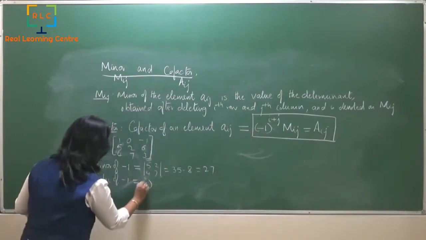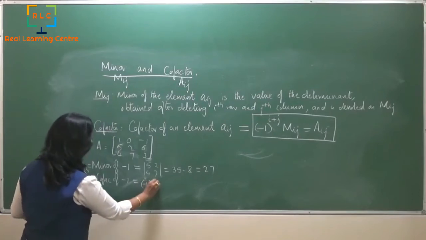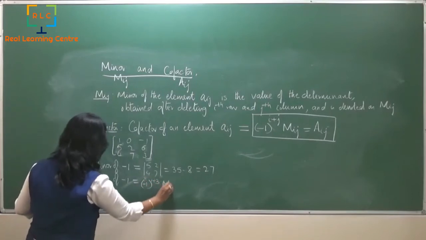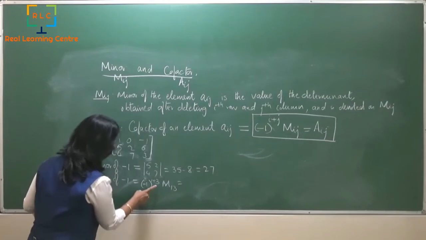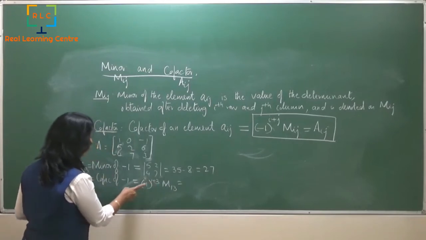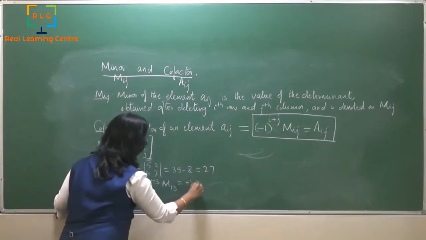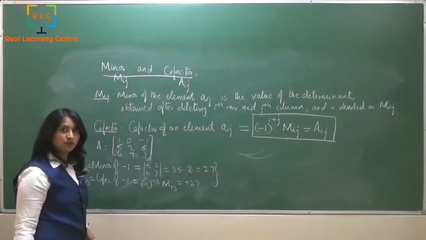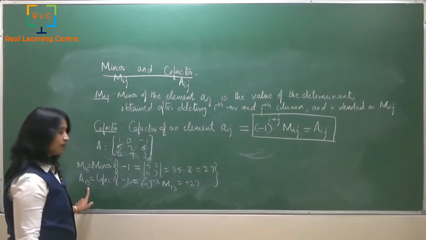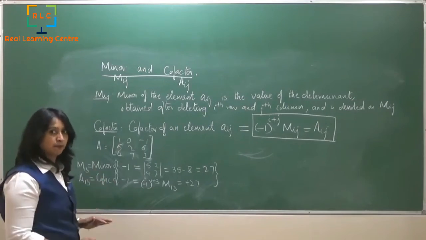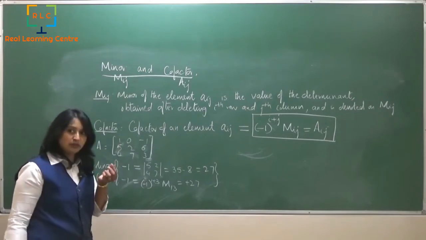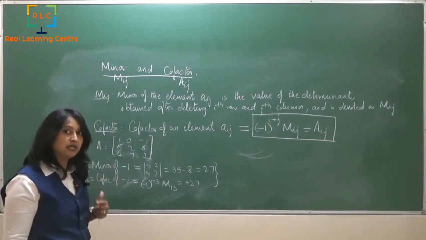Minus 1 raised to the power of 1 plus 3 into M13 is equal to, 3 plus 1 is 4, 4 times minus multiplied will give you plus, and M13, plus 27. So you see that M13 and A13 both are the same. So there is only a difference of sign between minor and cofactor.